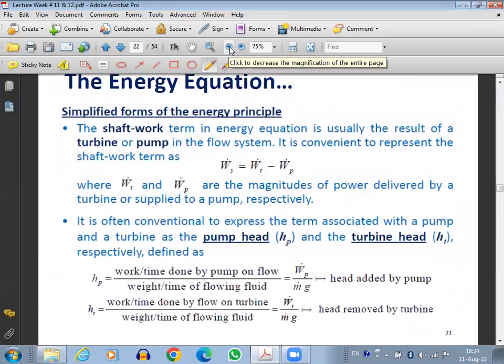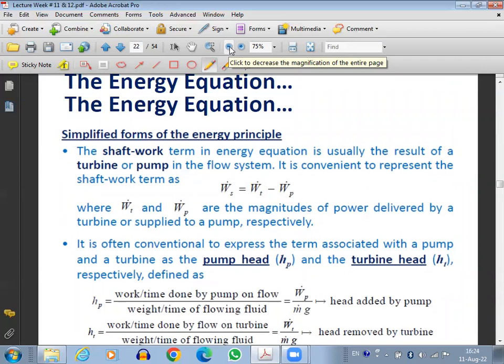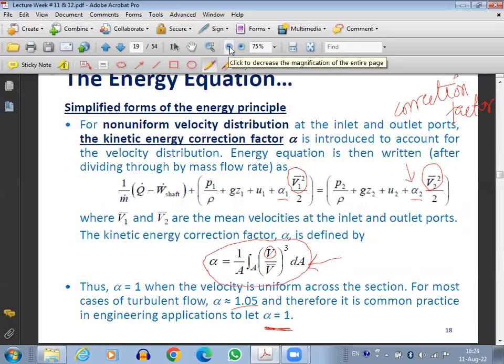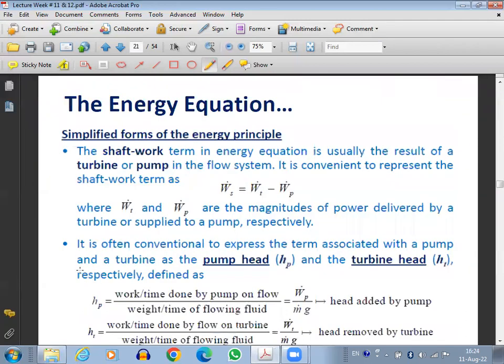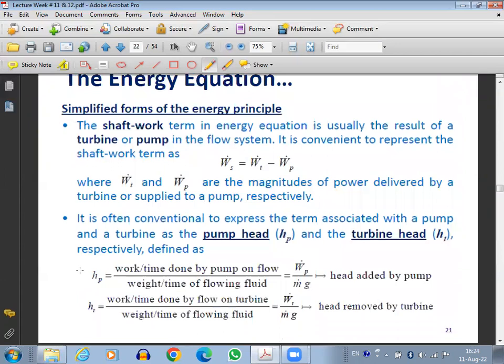Okay, so we were discussing the simplified form of the energy principle equation. The last simplified form of the energy principle equation that we came up with is this. Now, what we can do is write this equation in the form of head.